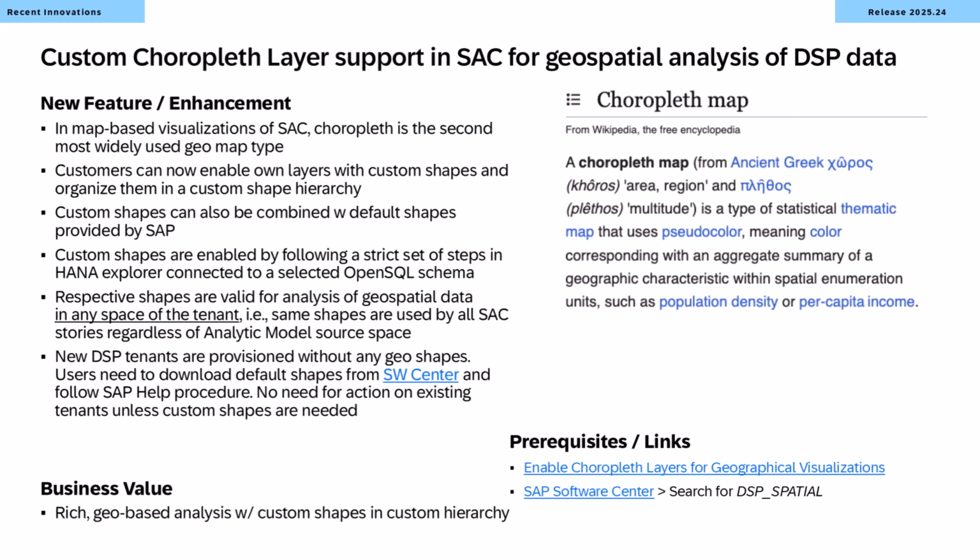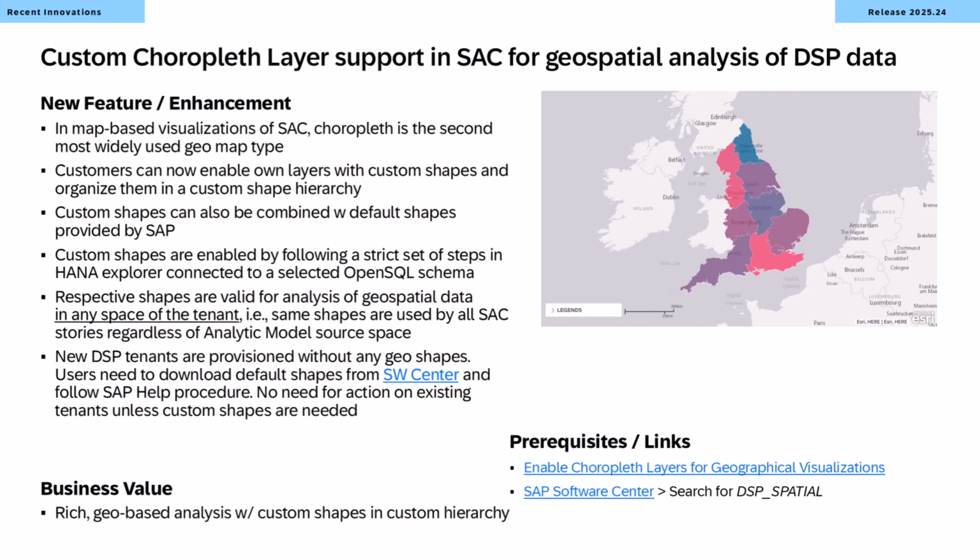A district could mean any kind of region, a country, a county, etc. This is how the representation looks, and you can probably see that there are different shades. It doesn't always have to be different color shades; it could be different shades of gray as well. In map-based visualizations on SAP, choropleth is the second most widely used geomap type.